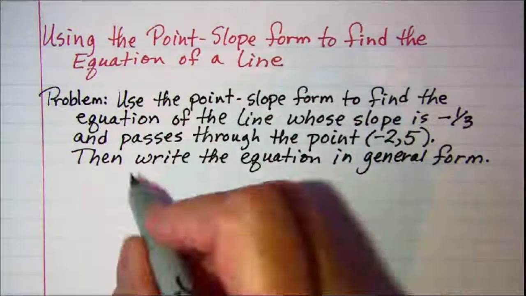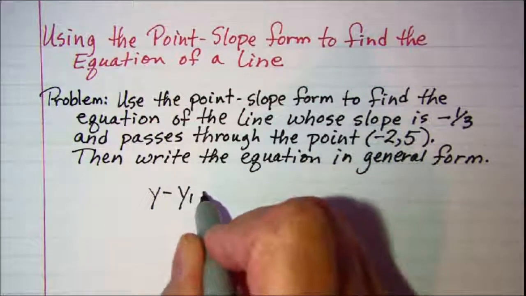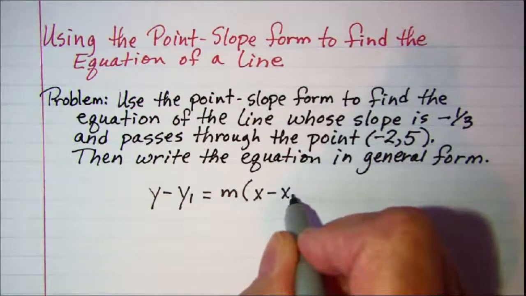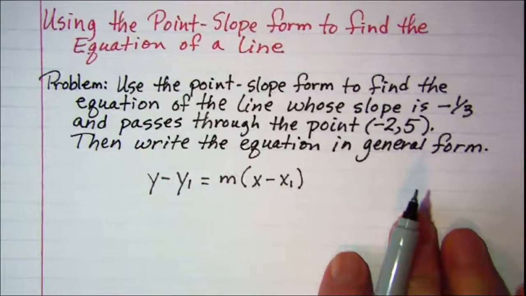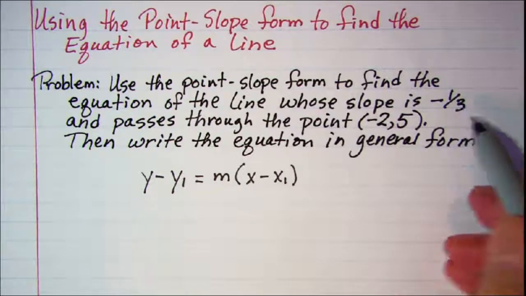Now our point-slope form, remember, is y minus y1 equals m times the quantity x minus x1. So from our information in our problem, we know that m is -1/3.